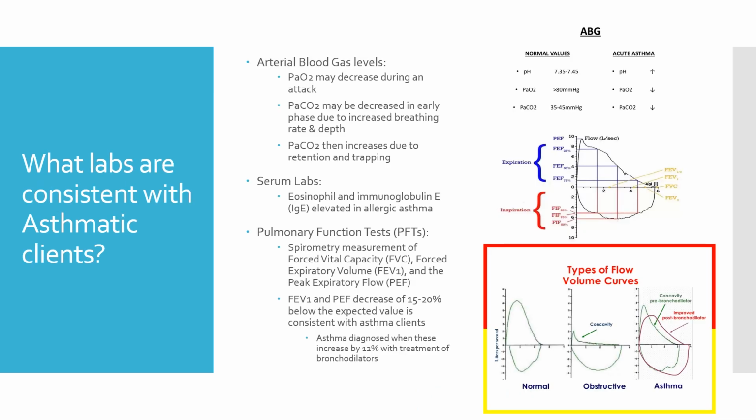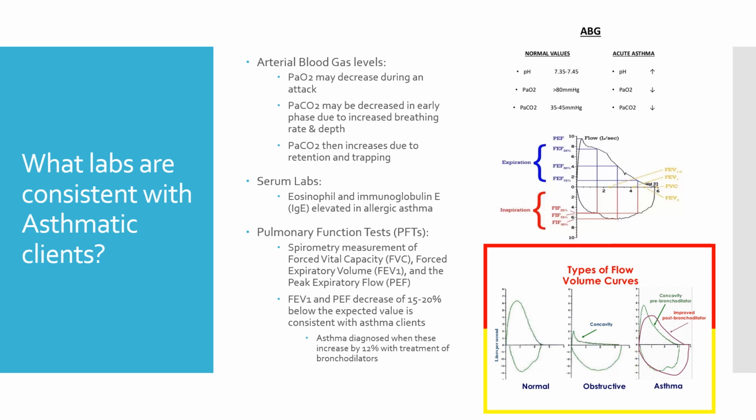So what kind of labs are consistent with asthma attacks? First, diagnostic-wise, we're going to look at our arterial blood gases, ABGs. Knowing our normals here again is going to be important. We have an O2 sat that may be decreased during an attack, and our CO2, remember, respiratory is what we're looking at.